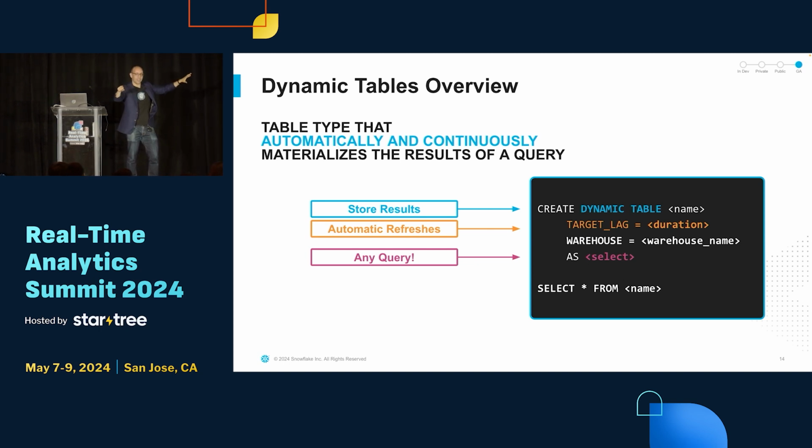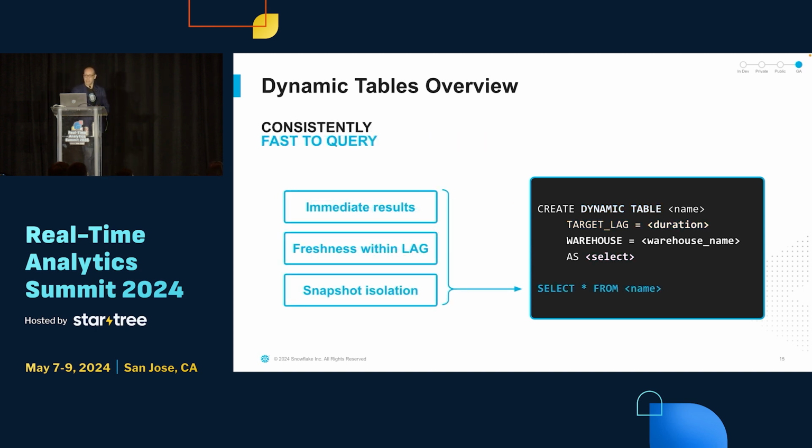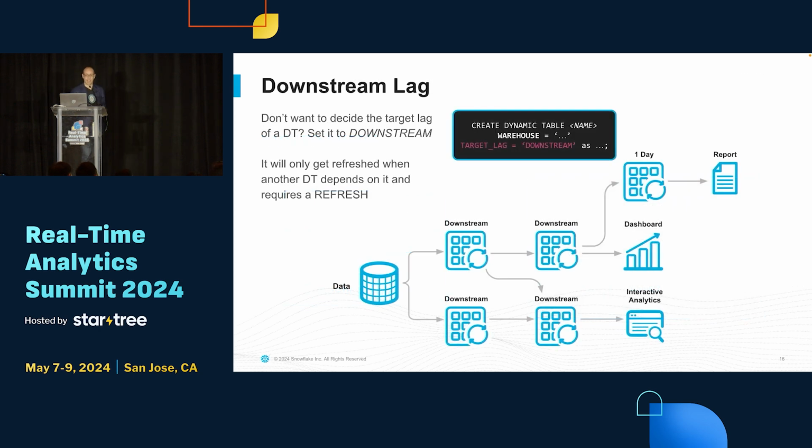The whole process will refresh every minute. Every hour, boom, suddenly you are paying way less, and you're getting results that work up to the hour. And when you do a select from this table, you get the immediate results, the freshness with the lag, and you get snapshot isolation.